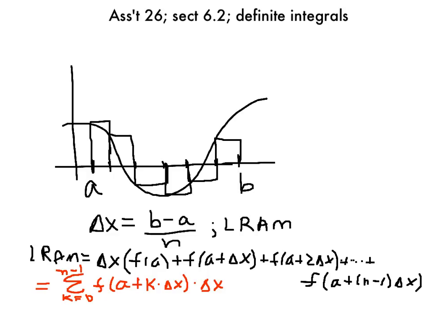This is the first time we're seeing this so-called sigma notation. All it means is start off letting k be 0 and add up all of these expressions until k finally gets to n minus 1, and then stop. So 0, 1, 2, and you keep going until you get to n minus 1. It's just mathematical shorthand.